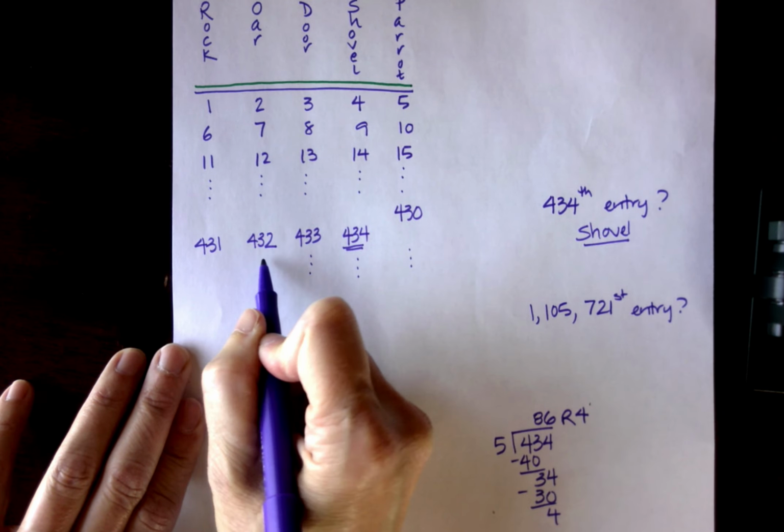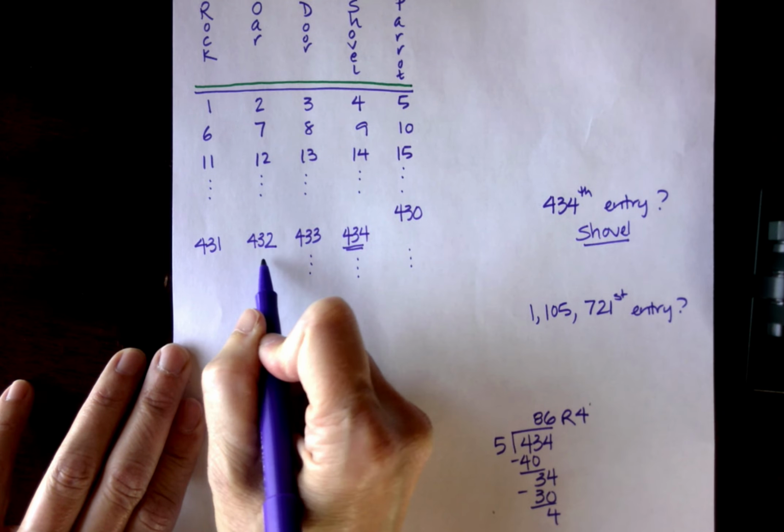So we would have answers at this point for the 434th entry and the 1,105,721st entry. And we have a couple different ways of getting there. We could do long division with remainders. We could do multiples that are close to the entry that we want and then build up or down if we overshoot.